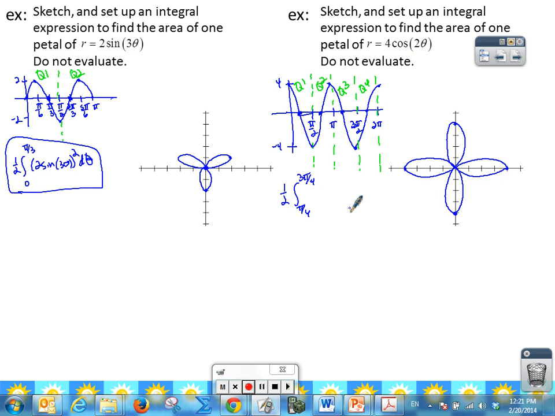And it's one half r squared, so it's the integral of 4 cosine 2 theta, squared. And that would give me one petal. But again, a really good exercise would be shading one of these petals and asking, if I wanted the area of this particular petal, what would my bounds be? Okay? All right.